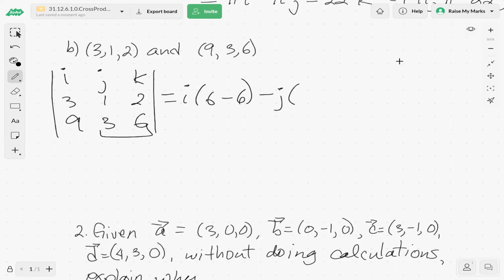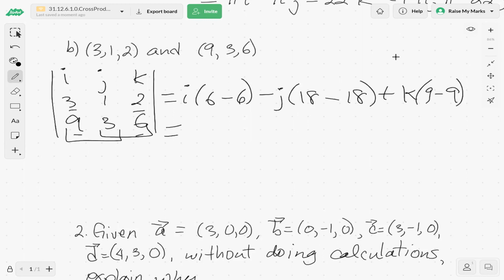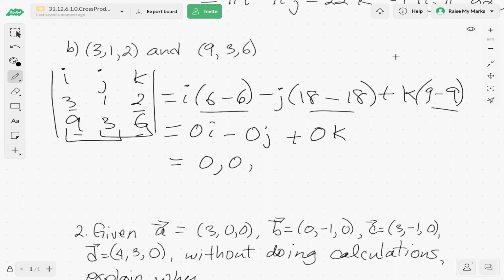Minus j times 3 times 6, 18, minus 9 times 2, again 18. Very interesting. Plus k times the third box: 3 times 3 is 9, minus 9 times 1 is 9. Again, very interesting. So let's evaluate. We get 0i minus 0j plus 0k, or 0, 0, 0. We get the zero vector.